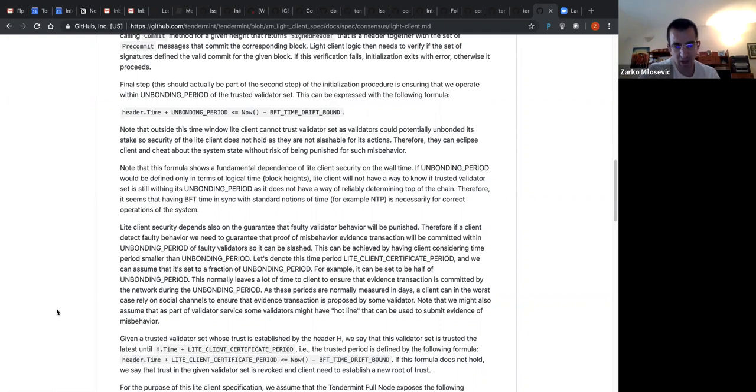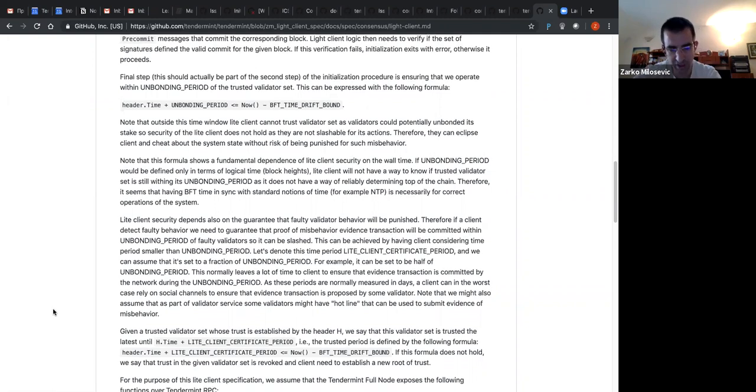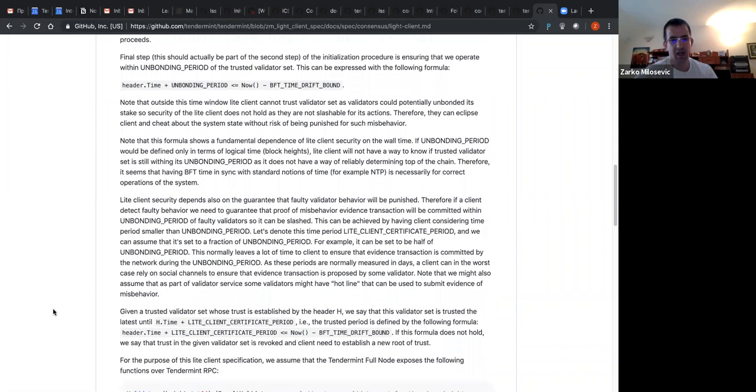The reason it should be smaller than the unbonding period is that from the light client point of view, you also want a guarantee that in case you detect some misbehavior, you have enough time to submit it to Tendermint, and Tendermint has enough time to process it. Because if this is not the case, then we don't have a strong incentive for the validators to behave correctly.